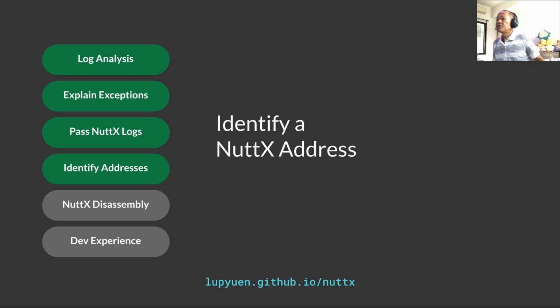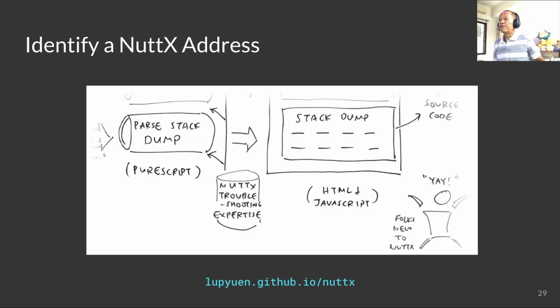One final mystery in our NuttX log parser: how did we hyperlink the stack dump to the NuttX source code? How did we figure out whether a NuttX address points to code, data, BSS, heap, or it's just pointing to some random garbage? Again, we have rules for that written in PureScript.